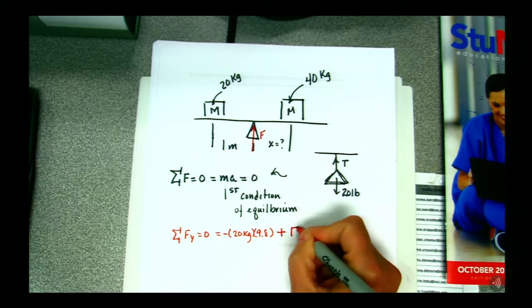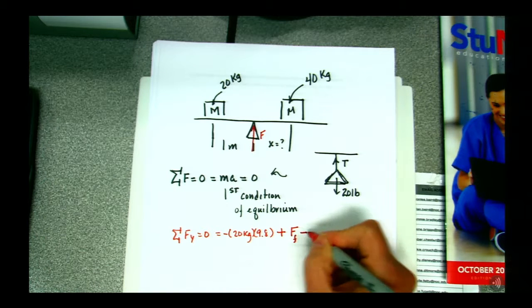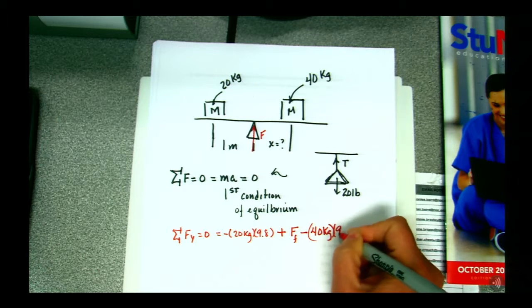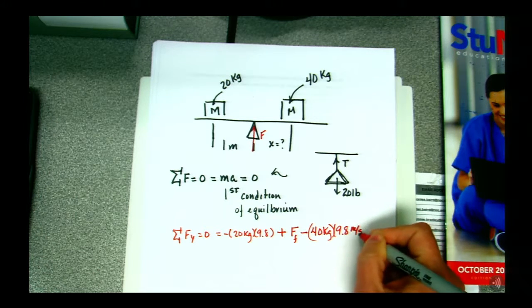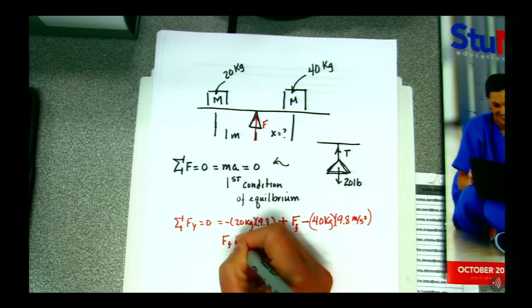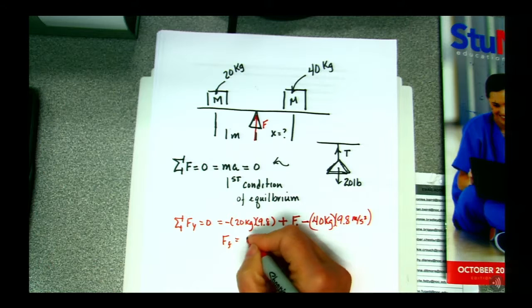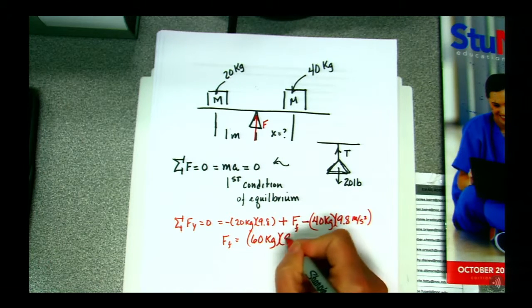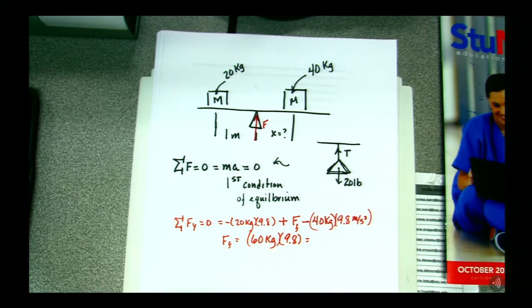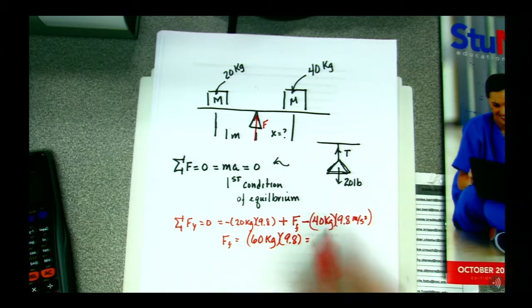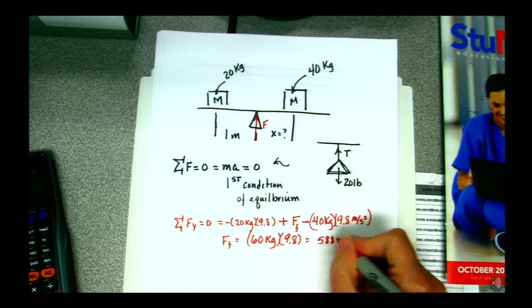We've got the force at the fulcrum minus 40 kilograms times 9.8, in meters per second squared. So the force at the fulcrum is going to be 60 kilograms times 9.8. If I plug that into the calculator, I get 588 newtons.